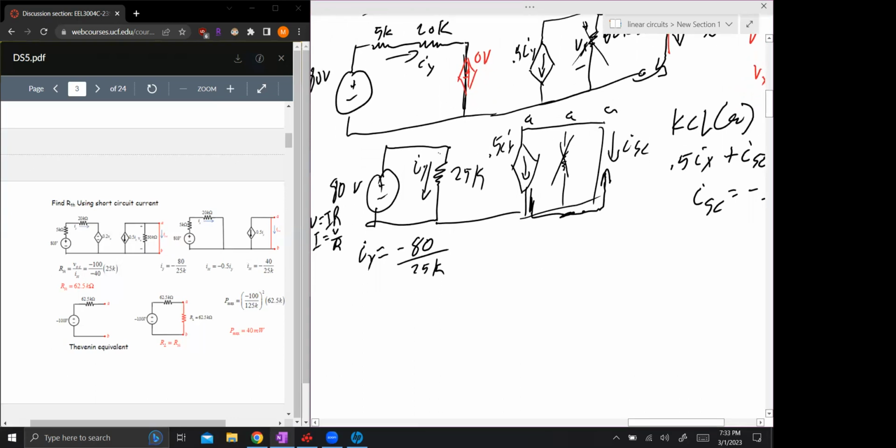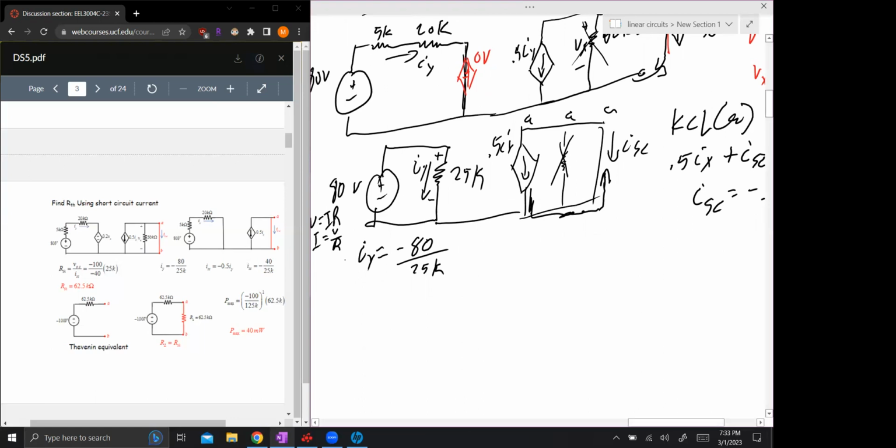I always forget about passive. So instead of negative IY, we move it over to the side. It's going through the negative of the voltage source, so it's technically negative 80 over 25.